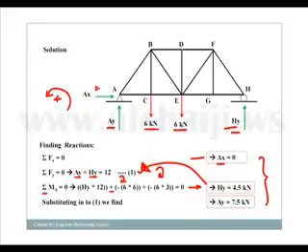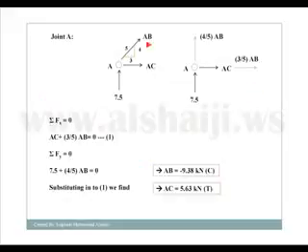So it's a good choice to start with either A or H. I started with A. So we have joint A, and we need to assume the following. First, we draw the joint. Second, we draw the members, AB and AC. And I will assume that the forces in these 2 members are in tension.